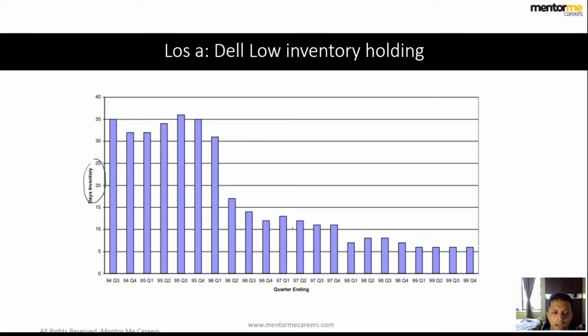Look at how their days of inventory has dropped significantly, right? From almost the highest of 35 or 36 days all the way down to 6 days, just by coming up with a new strategy of getting the customer the product directly, right?